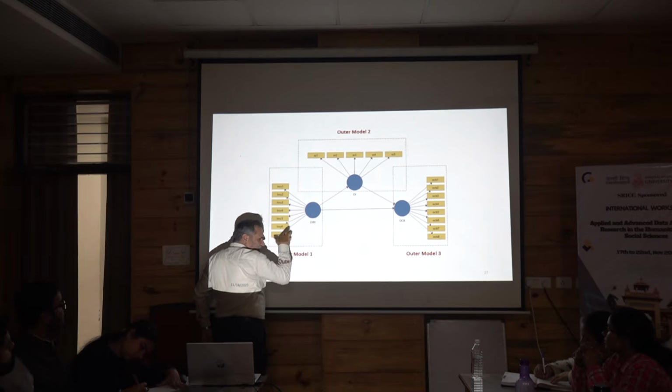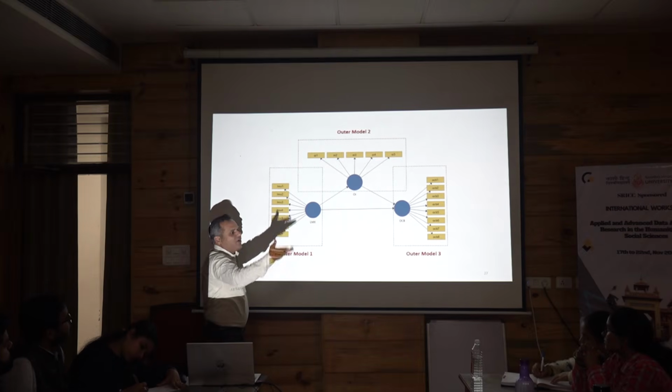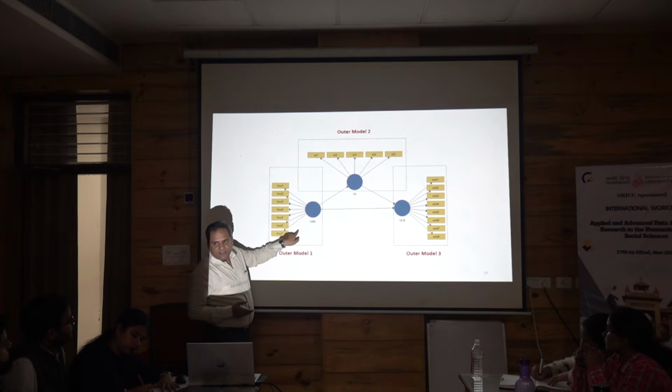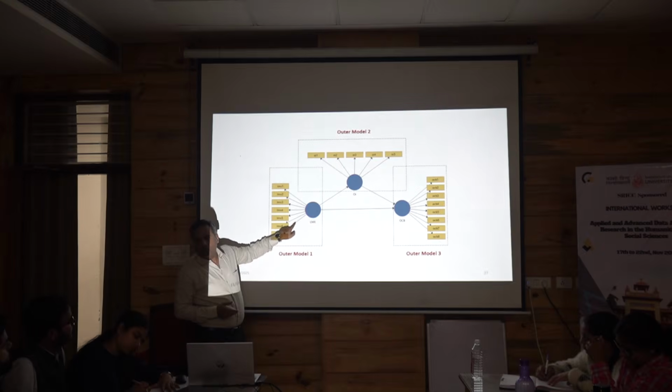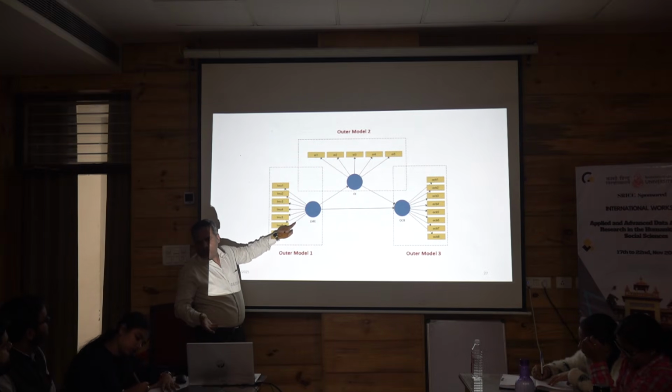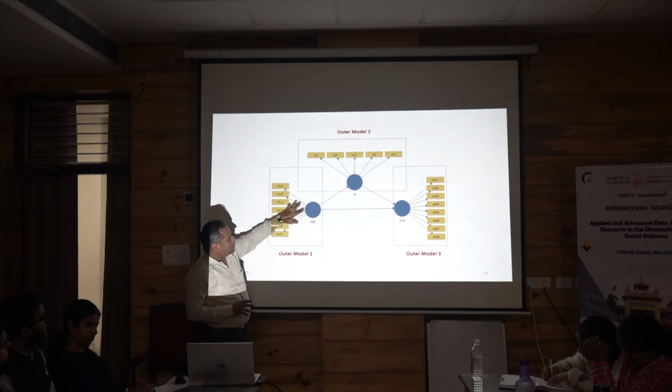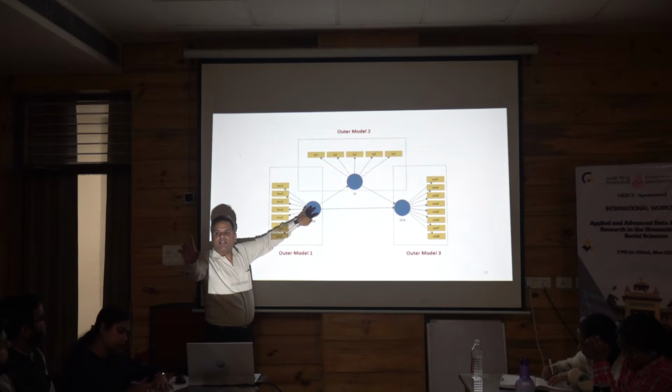So if my AVE is greater than 0.50, I say convergent validity is established. My AVE will be the average of all the loadings. AVE is nothing but R square, which is R into R. So I will say, yes, all my items are converging on this construct, so construct validity is established.